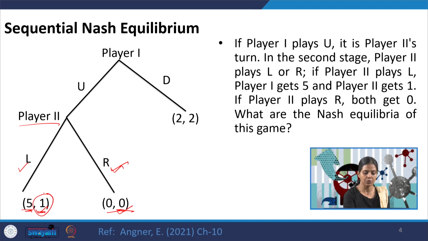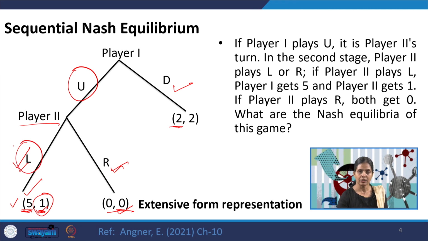So, he would choose L, and then player 1 would compare his payoffs from U and D. U gives player 1 a payoff of 5 while D gives 2. So, of course, player 1 would prefer to play U. When player 1 plays U, player 2 plays L. So, this is an extensive form representation.